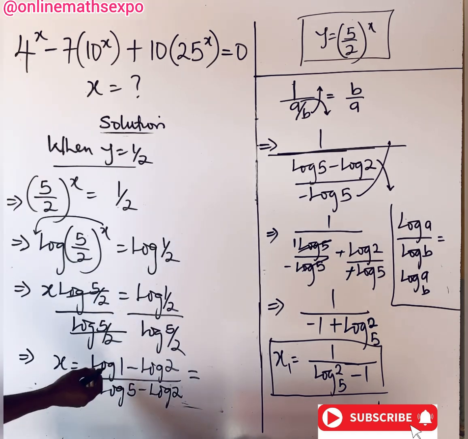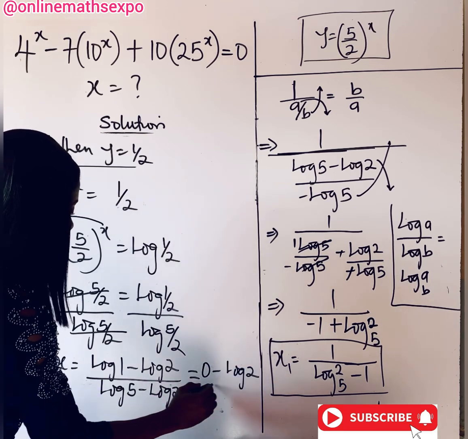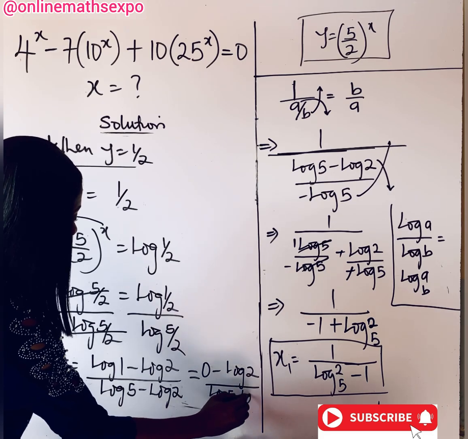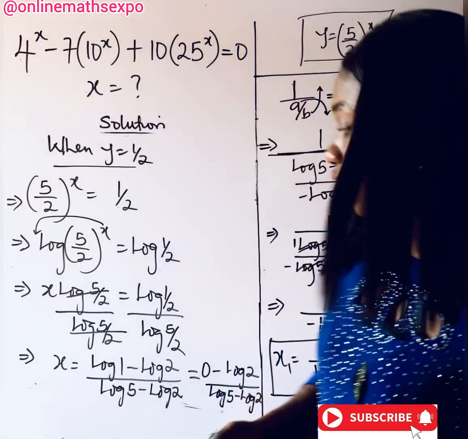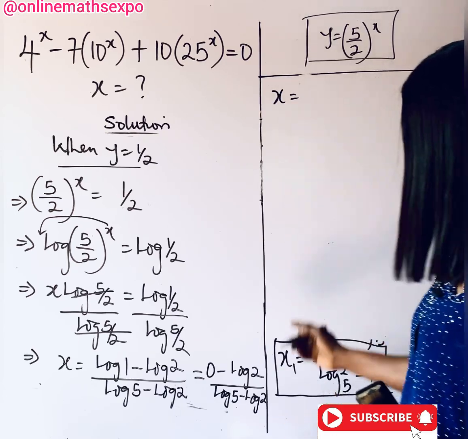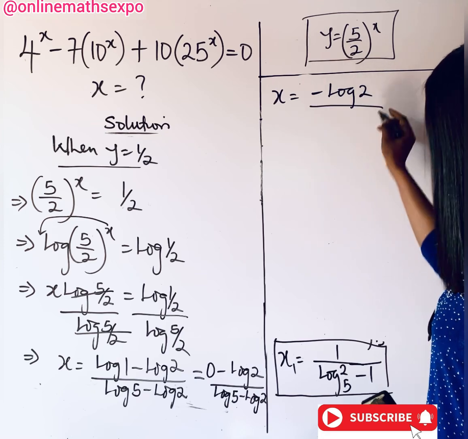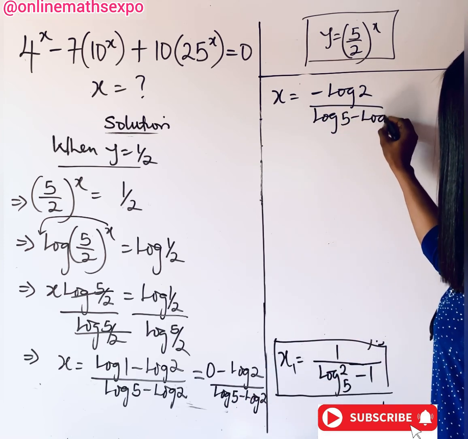Log of 1 is 0. So we have 0 minus log of 2 all over log of 5 minus log of 2. If you simplify further, x is equal to negative of log 2 all over log of 5 minus log of 2.